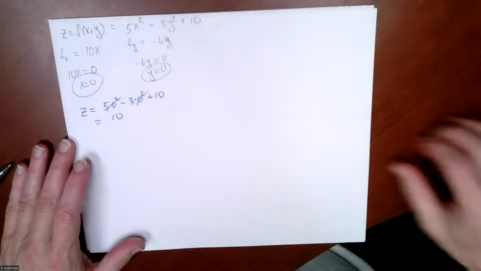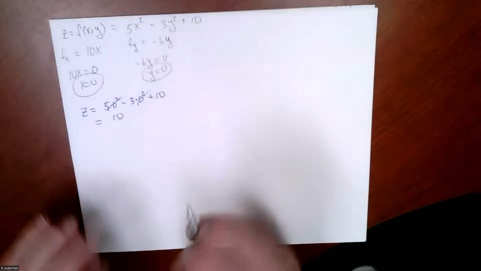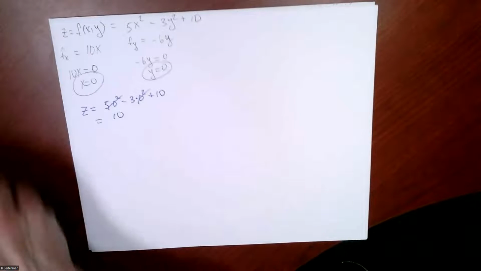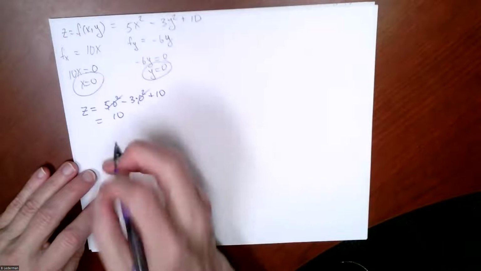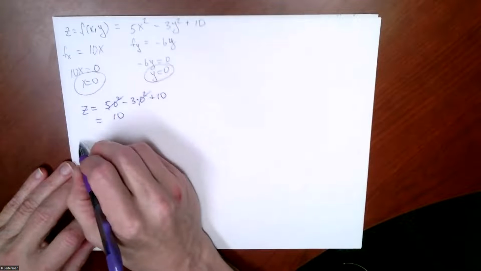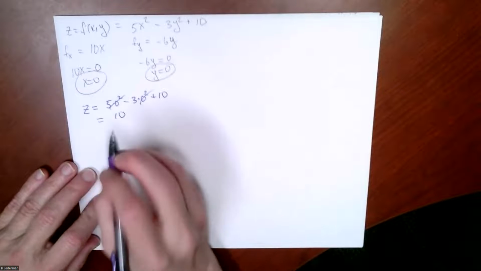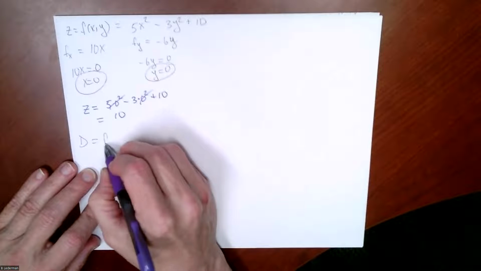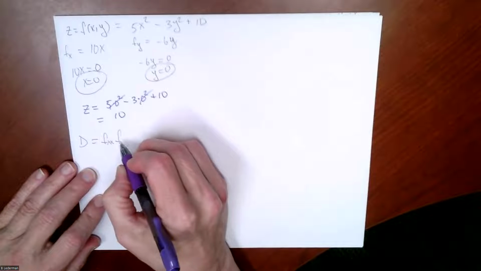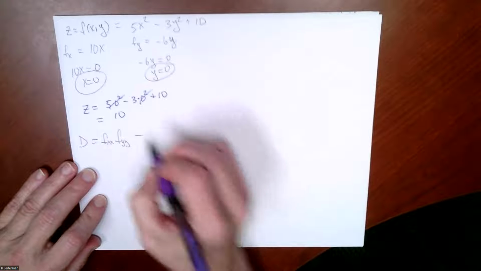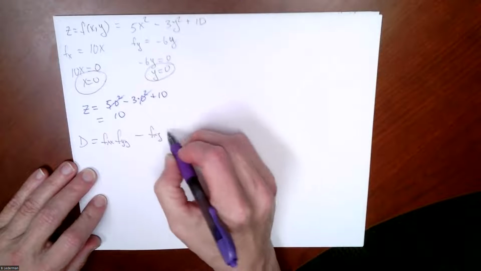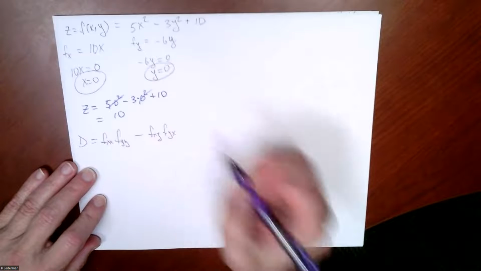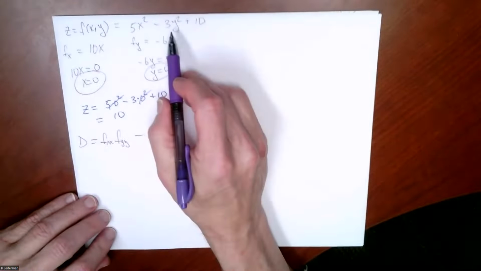So D is going to be fxx times fyy minus fxy times fyx. So here's our function.